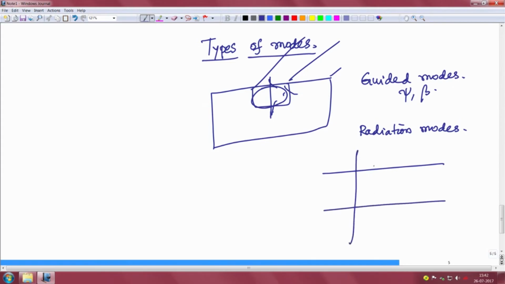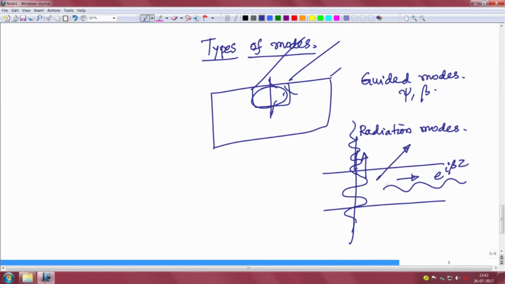As a simple example, you have the oscillatory field within the guiding region and also an oscillatory field outside the guiding region. As we know, the light propagates as e power i beta z along the propagation direction, combining with the periodic variation along the z direction and periodic variation along the perpendicular direction, we can say that the light is propagating in this direction.